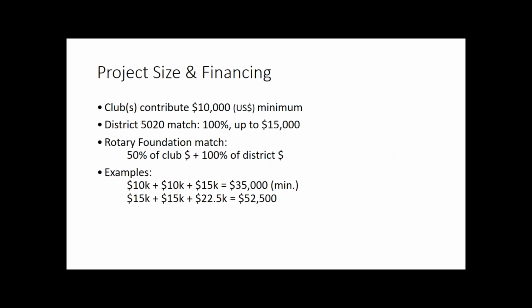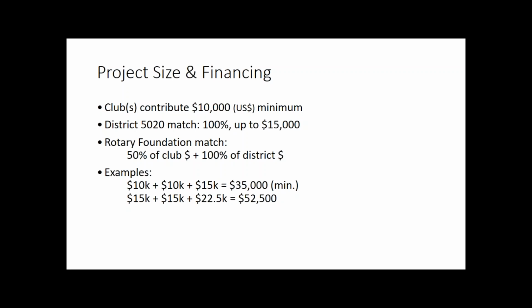Project and financing. There's a minimum $10,000 contribution. It doesn't have to come from one club. But this is the formula, and the formula works from a little bit of money all the way up to a $200,000 grant, right? The clubs contribute, let's say one club or a couple of clubs contribute a body of money that's $10,000.